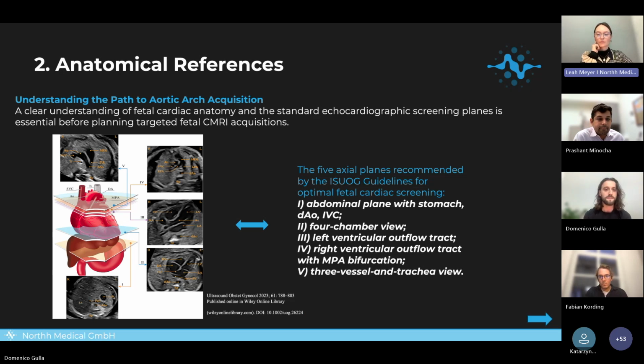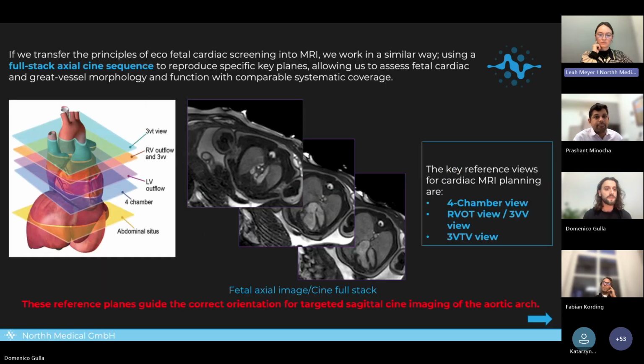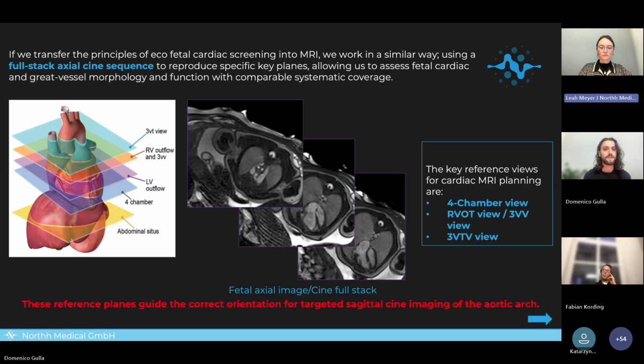These are the five axial planes recommended by the ISUOG guideline for optimal fetal cardiac screening. If we transfer the principle of fetal echo cardiac screening into MRI, we work in a similar way. I always want to highlight that, because it is also really important for the technical side to see exactly what the anatomy of the fetal heart is.